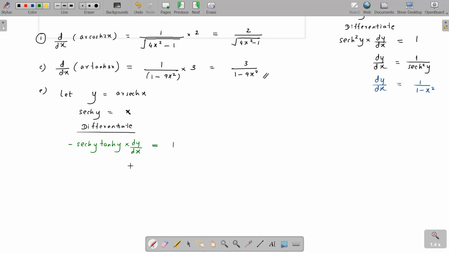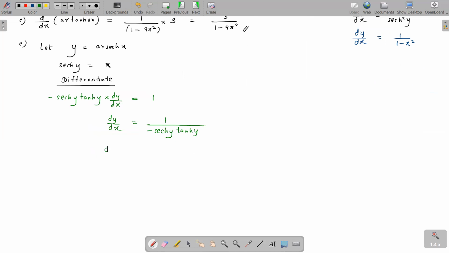Okay, then let's make dy by dx the subject. dy by dx is 1 over minus sech y tan y. Is that okay? The minus mark I could take out front even.